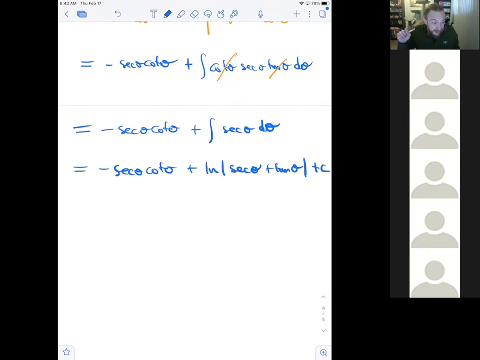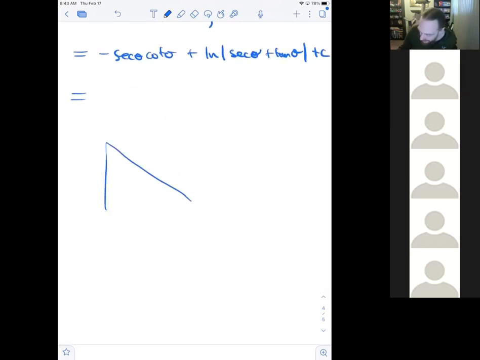We have to go back to our original triangle business. So what do we have? I have an angle theta. It told me that 2 tan theta equals x, or tan theta equals x over 2, which is opposite over adjacent.